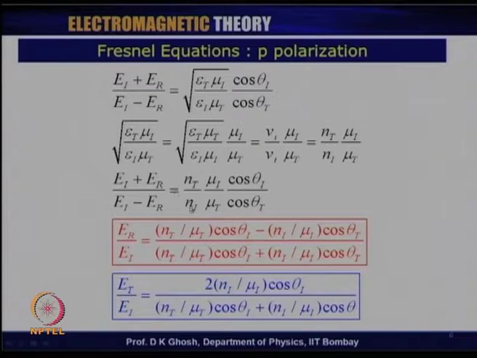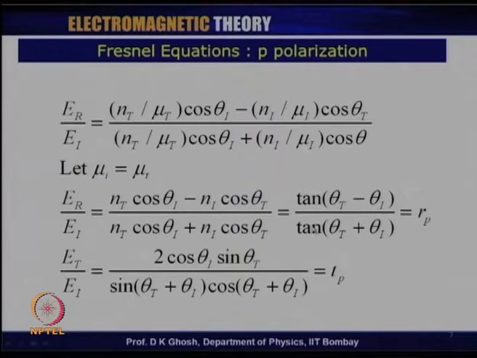You get a rather clumsy set of equations, but that is what it is. E R by E I is given by this, and E t by E I is given by this. There is no great information from here, just straightforward solutions of these two equations.